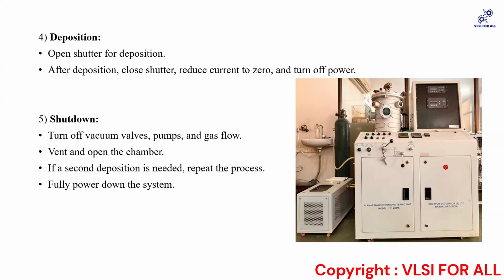Once the plasma has been created and the deposition is done, make sure that the whole process is completely reversed. We turn off the vacuum valves, pumps, and gas flow one by one, and make sure the vent and the chamber are opened, removing the vacuum which has been created in the chamber.